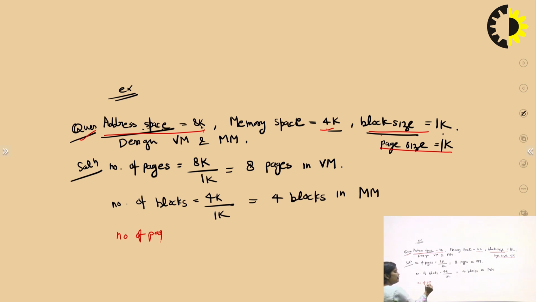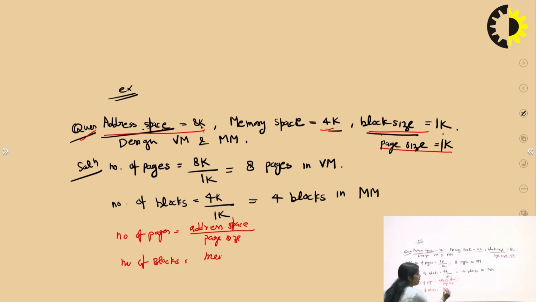So how are you going to calculate the number of pages? Number of pages means the virtual address page numbers. How many pages are stored in the virtual memory? That is address space upon page size, and the number of blocks stored in the main memory is memory space upon block size.